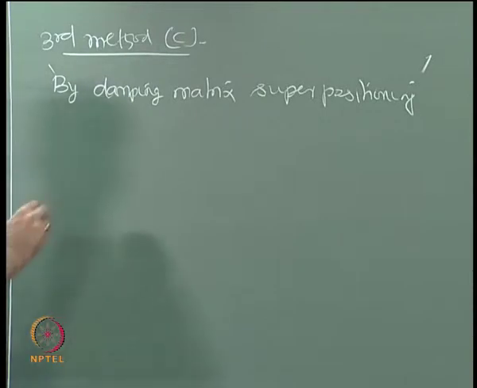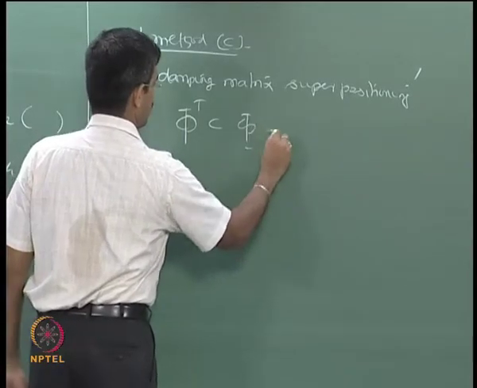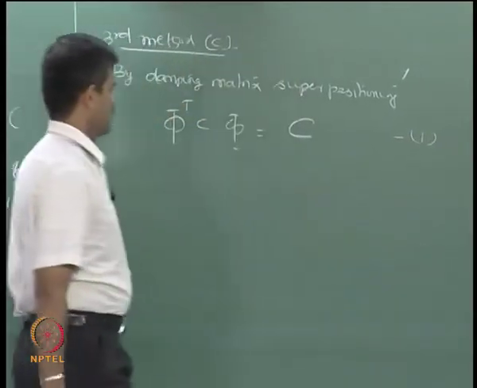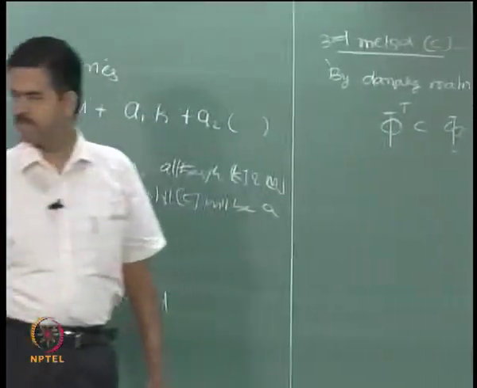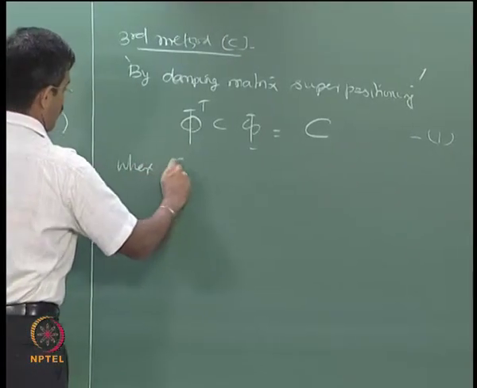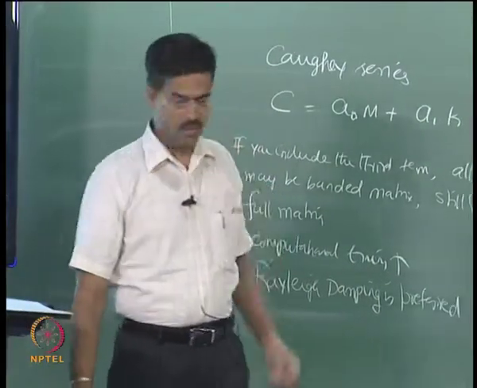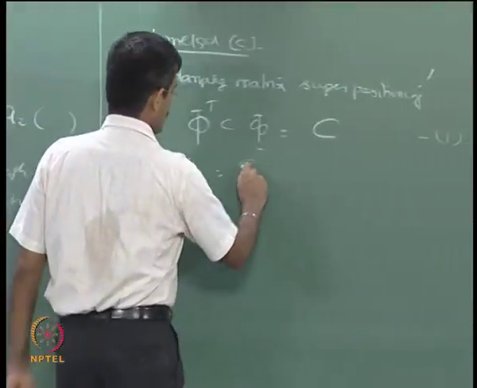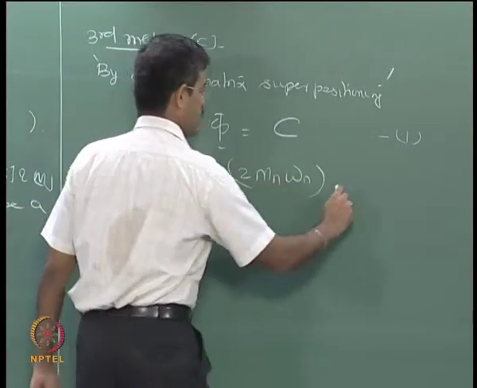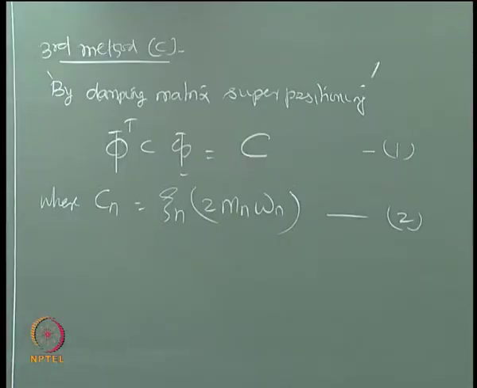So, we already know that phi transpose C phi is C, where if you want to find damping at the nth degree of freedom or nth mode, this is equal to 2 zeta n m n omega n for a classical damping.